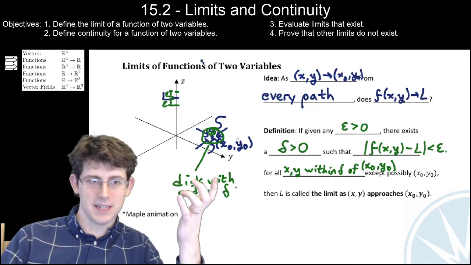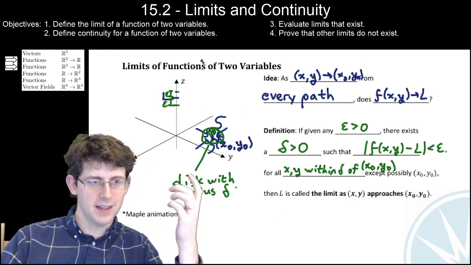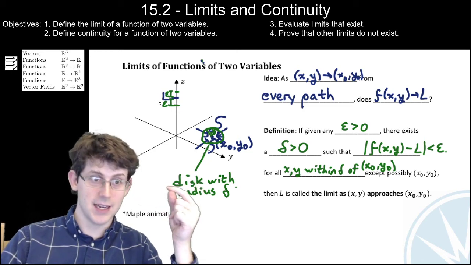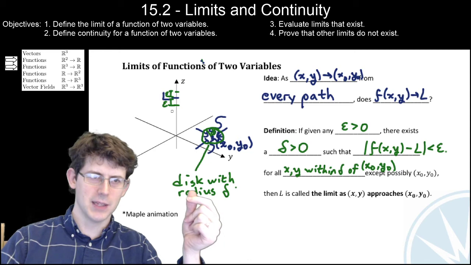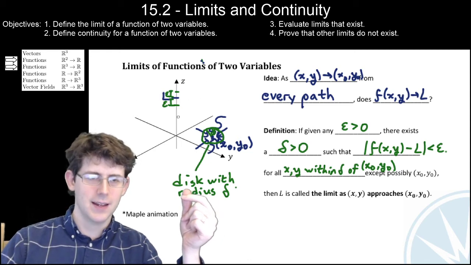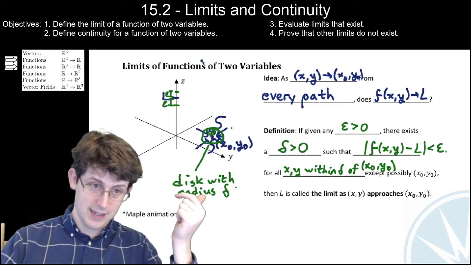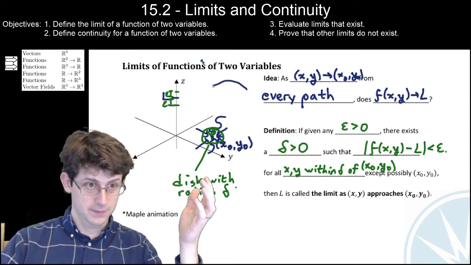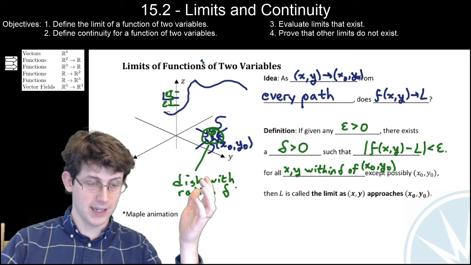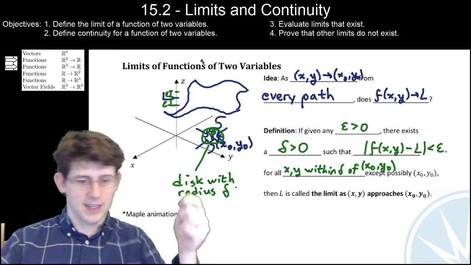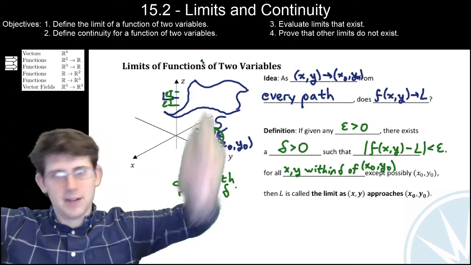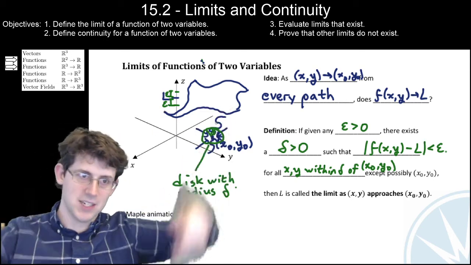Now there's one more thing missing from this picture. We've got the target z value, the target x value, we've got the challenge, which is the epsilon, and we've got the response, which is the delta. But what does the function actually look like? Well, the function in this case, as we tried to figure out in the previous section, is a surface. My example surface is a fluttering blanket or a fluttering bed sheet.